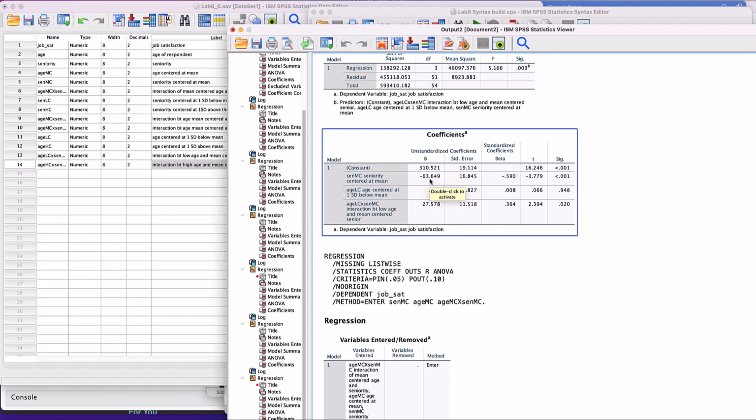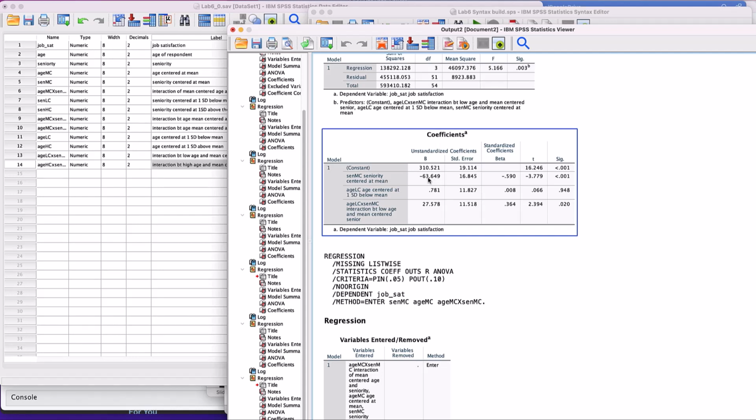So employees would have less job satisfaction when they're young employees, and seniority was around average. Remember, around average for seniority was around 6. Average seniority was around 6 years.